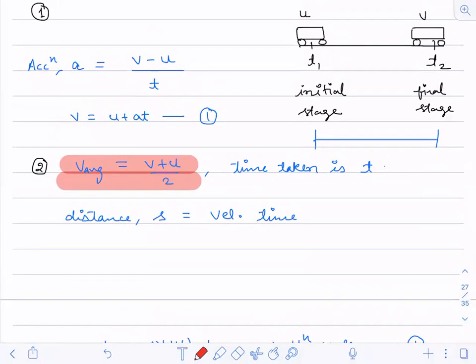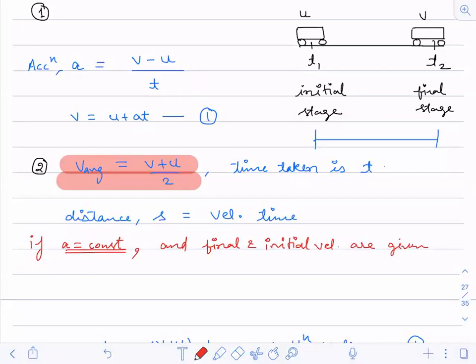So what is that case? If uniform acceleration is there, if acceleration is constant, and final and initial velocities are given, then what is the condition?